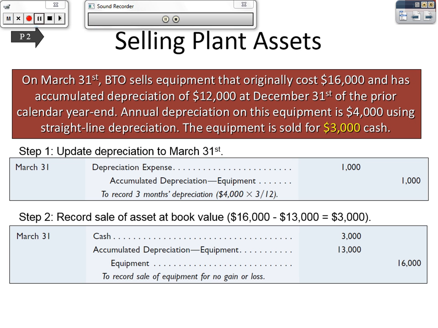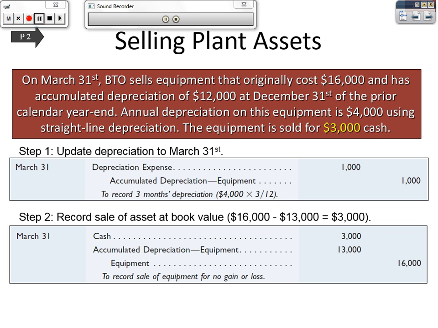Selling assets. March 31st, this company sells this equipment. It cost $16,000, had accumulated depreciation of $12,000, annual depreciation of $4,000, but they sold it for how much? $3,000. So to record the depreciation expense, their annual was $4,000, right? But when did they sell this?